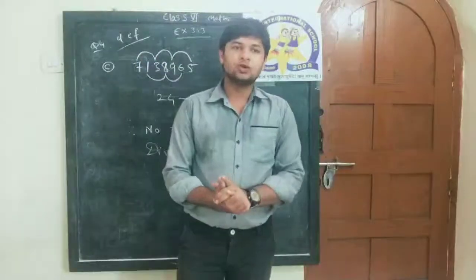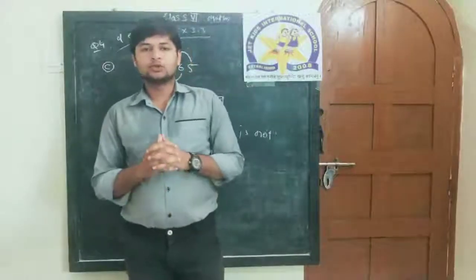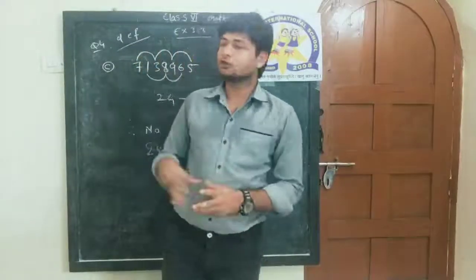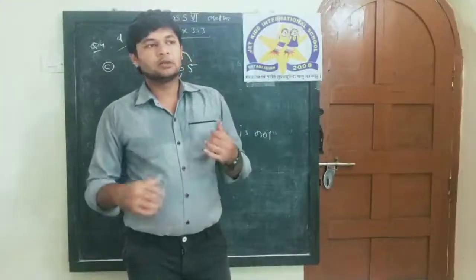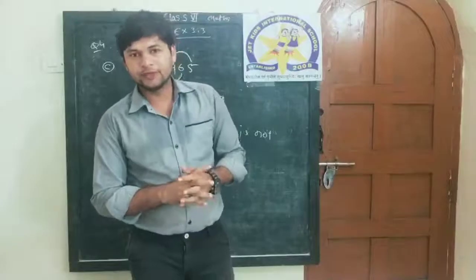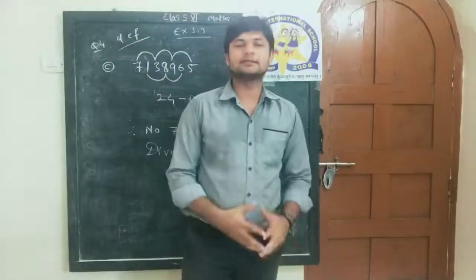So hope you will do it properly. Complete your homework of question number 3 and 4, and we will discuss more interesting things in the next video. Okay, so thank you so much. Stay safe and keep practicing mathematics.